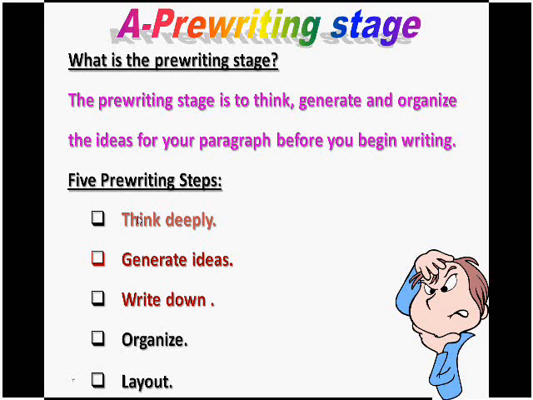These steps are important, okay? And of course, all of them have to follow each other. You have to think, and then because you thought you have ideas, because you don't want to forget these ideas, you have to write them down, and then because they are in front of you on paper, you have to arrange them, and then you start the layout of your paragraph.